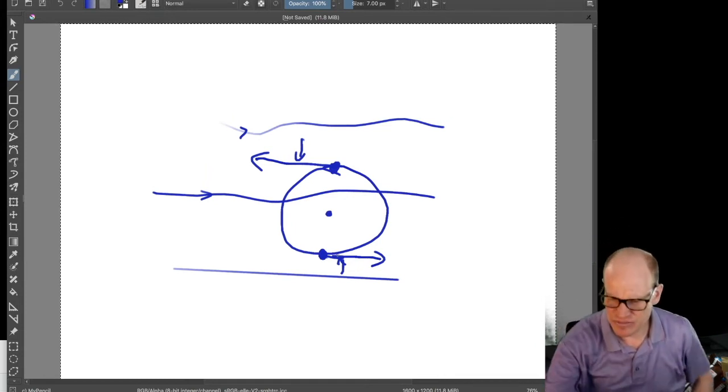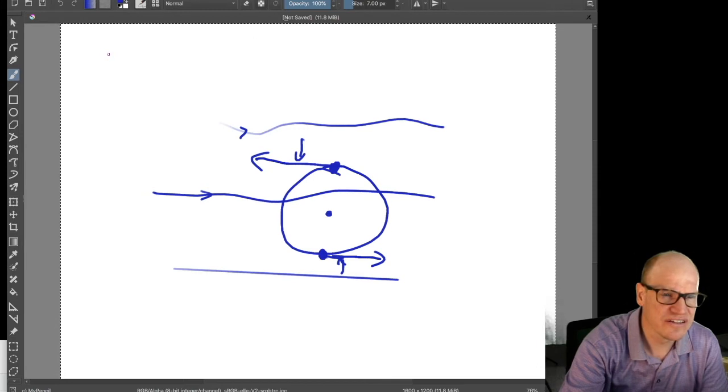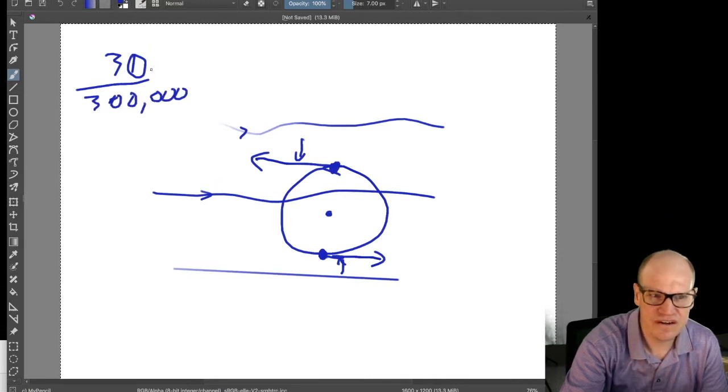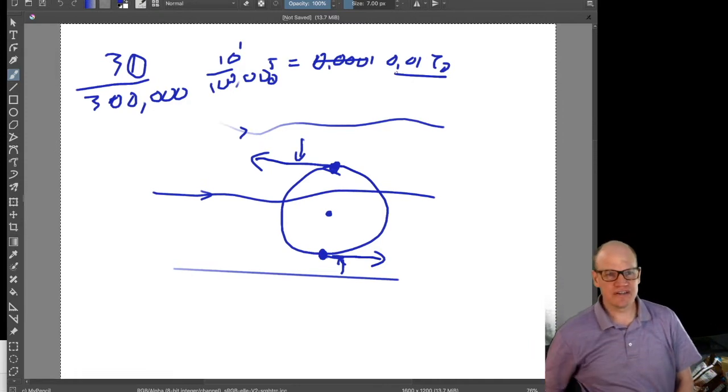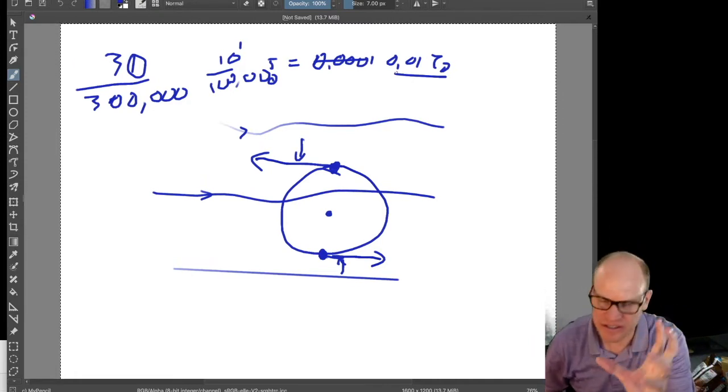That's 30 compared to 300,000 kilometers per second, so the 3's cancel, that's 10 out of 100,000, so that's 10 to the 1 out of 10 to the 5, which gives you 0.0001, so 0.01% would be the Earth's orbit around the sun from one point to the other.